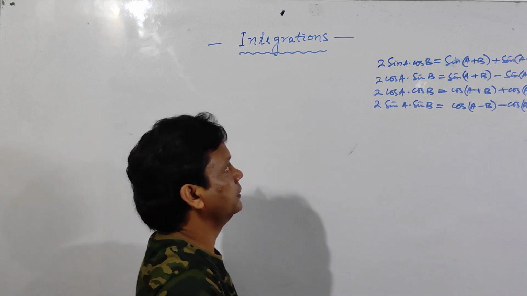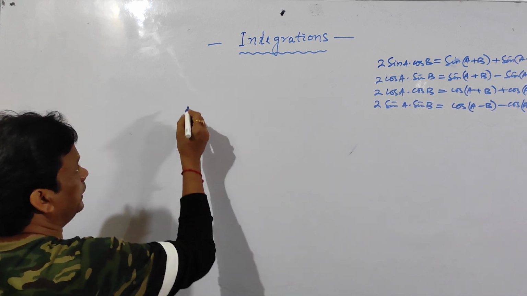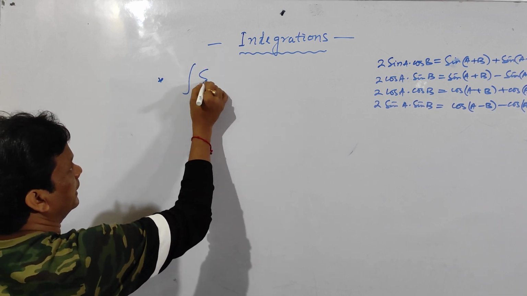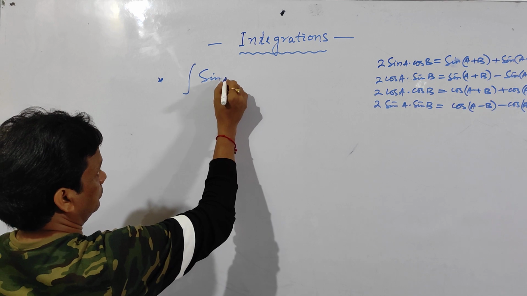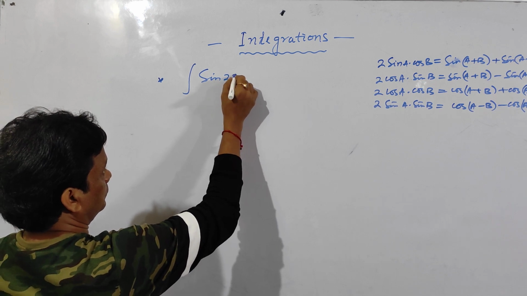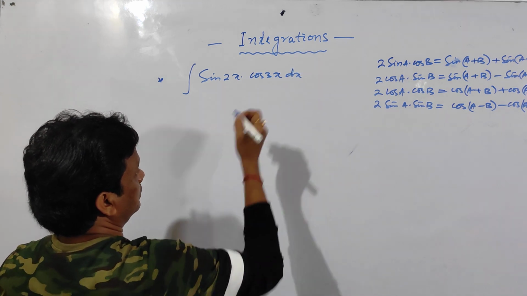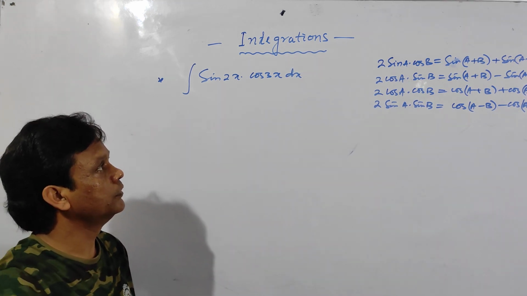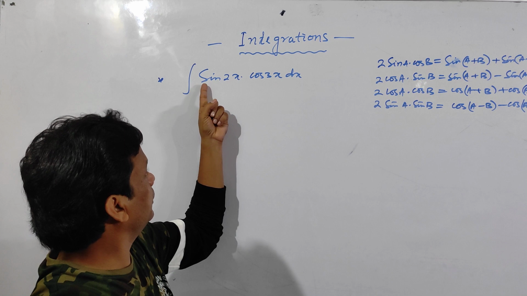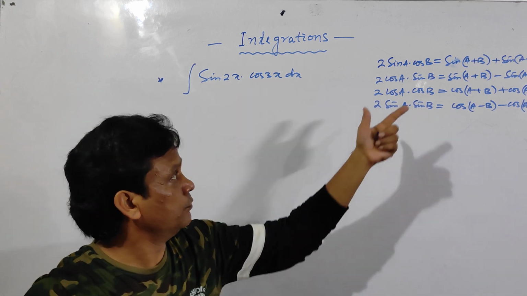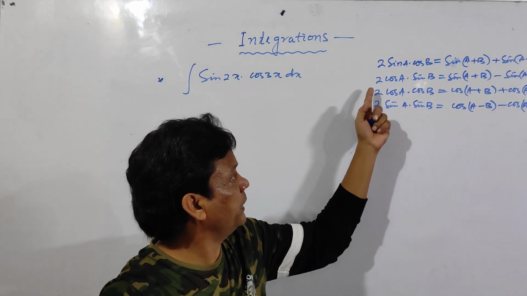Okay, see here. Now, if the integration is like this: sin 2x into cos 3x into dx. So this is in the form sin A into cos B. Clear? But here 2 should be there.